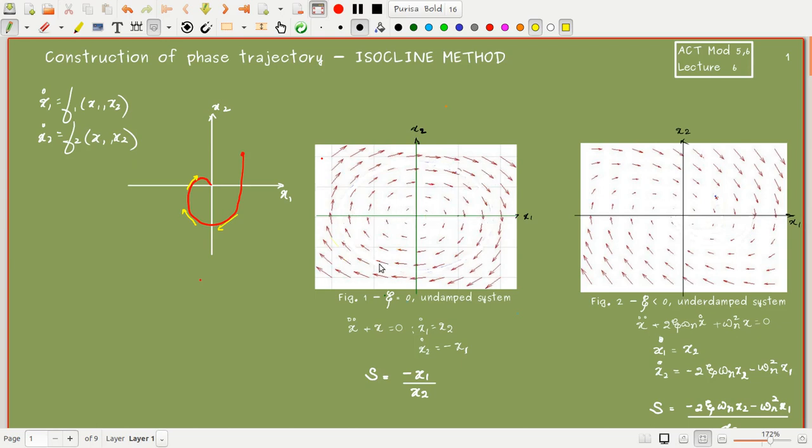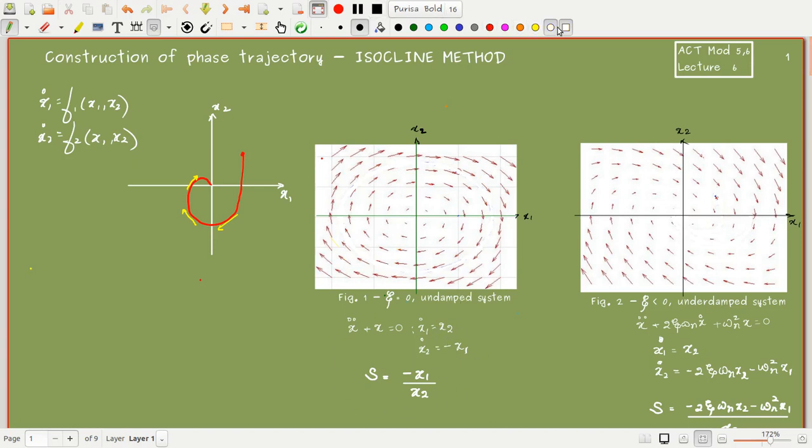So that is clear to us, we can draw the slopes at every point on the phase plane. Now we will see what an isocline is. For that we will consider this system, an undamped system.